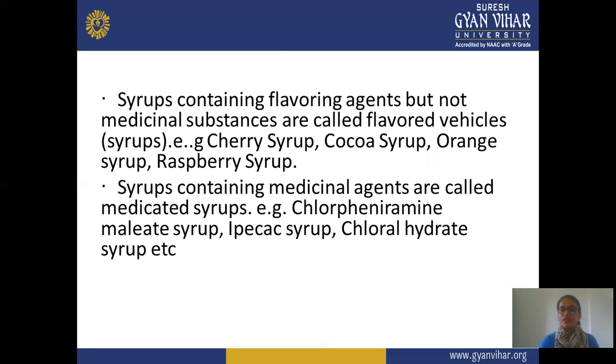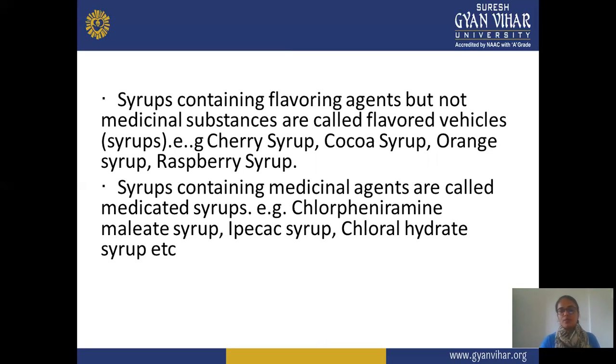And next, syrup containing medicinal agent is called medicated syrup. Already discussed, medicated syrup means it majorly contains your drug or medicament or API, which is used for a certain specific purpose or showing a specific therapeutic effect.